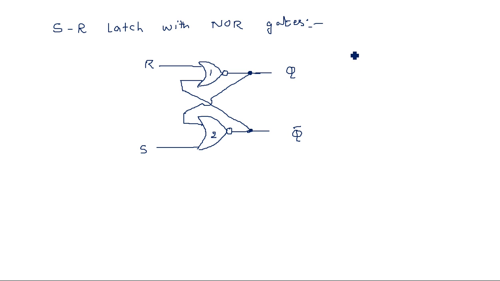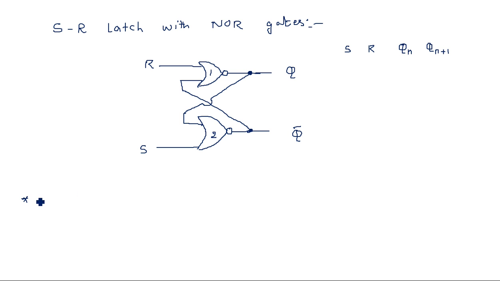See here, S is one input, R is another input. Let us consider the state of the previous output as Qn and the next output as Qn plus 1. Here Qn means the past output, and Qn plus 1 is the present output.